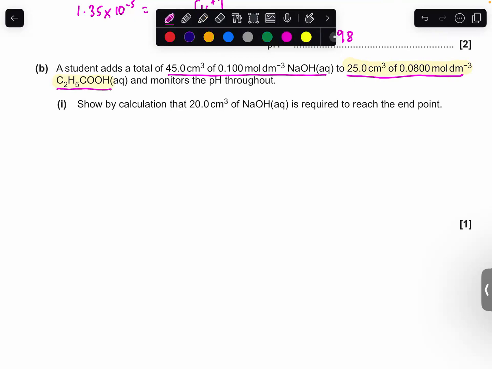How do we work that out? So you see, for propanoic acid, we get its volume, convert it to decimeters cubed, multiplied by concentration. That gives you the moles.